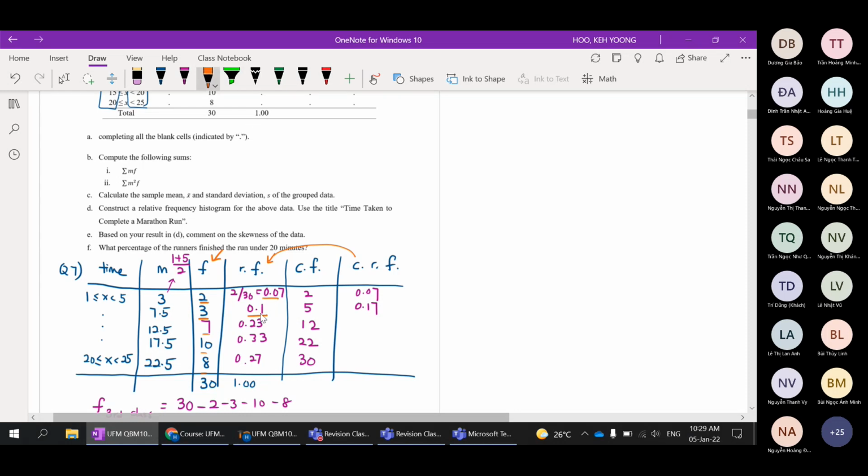Then 0.07 plus 0.1 plus 0.23, so you will have the cumulative for the third class, 0.4. Then you continue to add up. Plus 0.33, you will get 0.73. And then the last one, you plus 0.27, you should get 1.00.